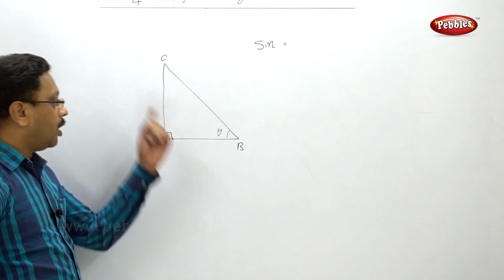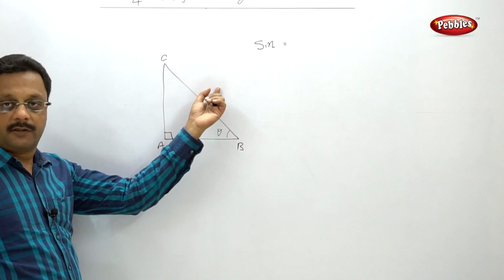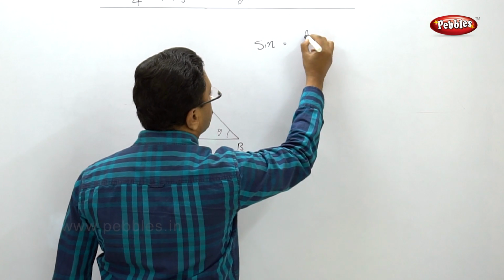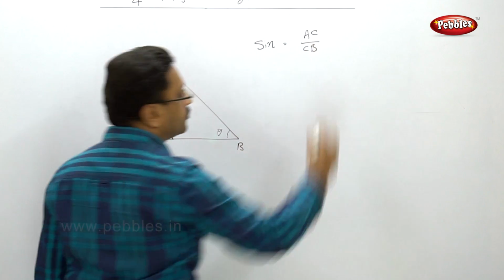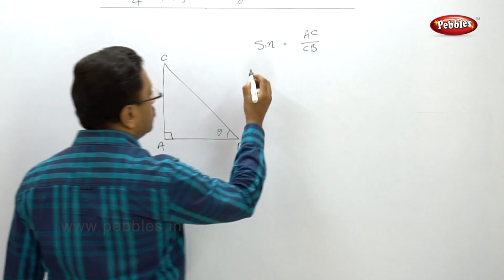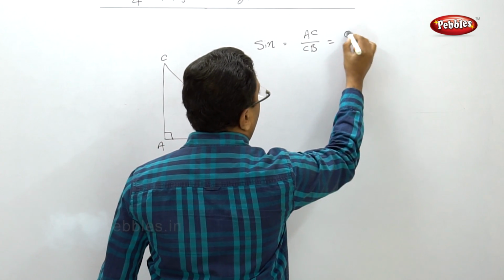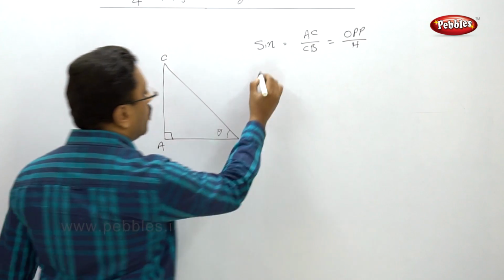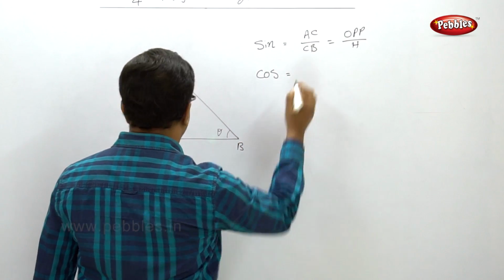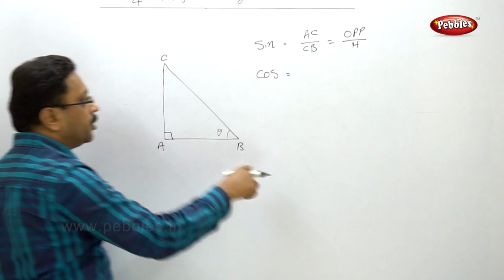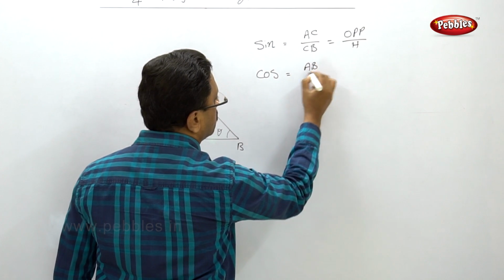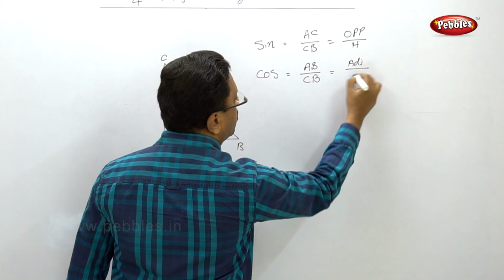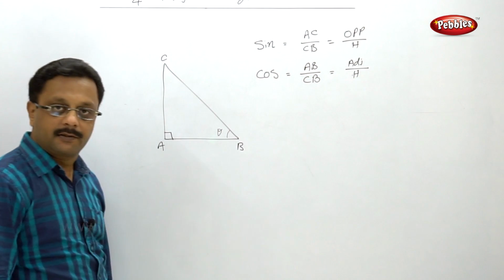Sine is opposite side upon hypotenuse, that is AC upon CB. What is cos? Cos is AB upon CB, that is adjacent side upon hypotenuse.